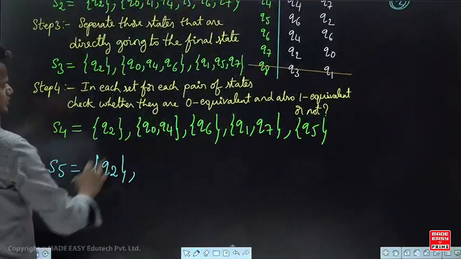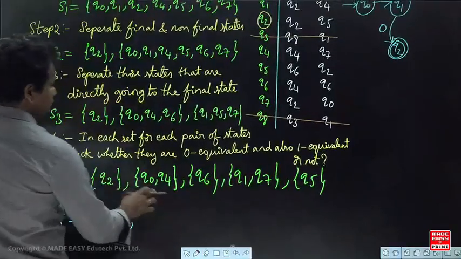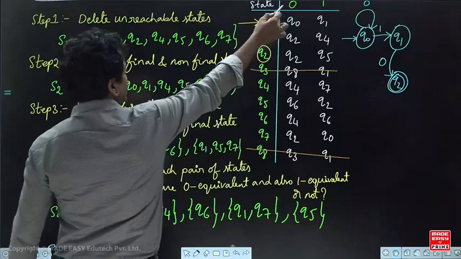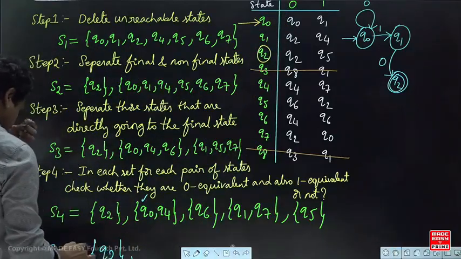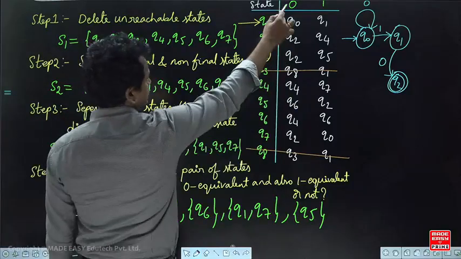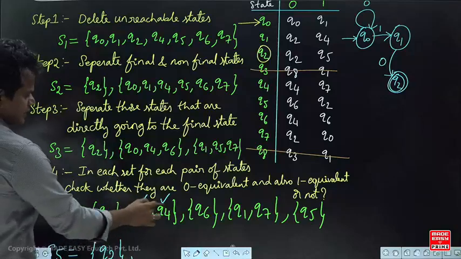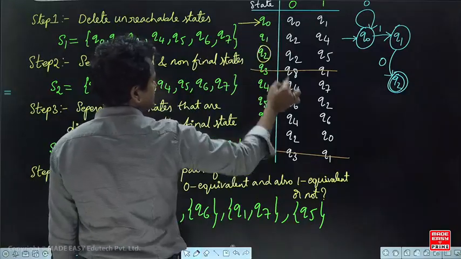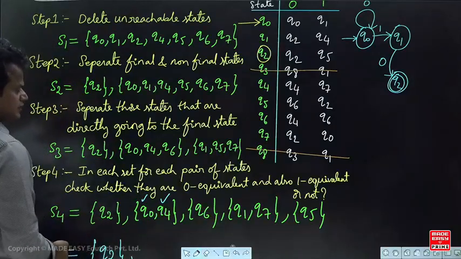Now I am checking Q0 and Q4. Q0 on 0 and Q4 on 0, they are in the same set, so Q0 and Q4 are 0 equivalent. Now check for 1.